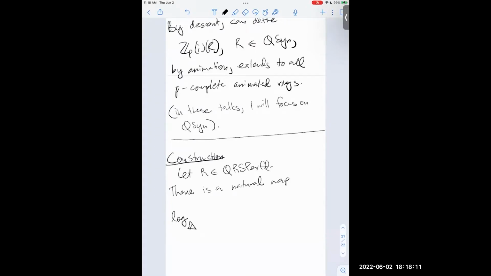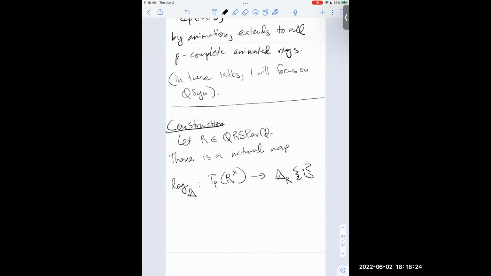It is a map of abelian groups from the Tate module of the units in R into the prism of R twisted by 1. The left-hand side is just an abelian group. And this map has the property that its image is exactly the fixed points of phi_1.